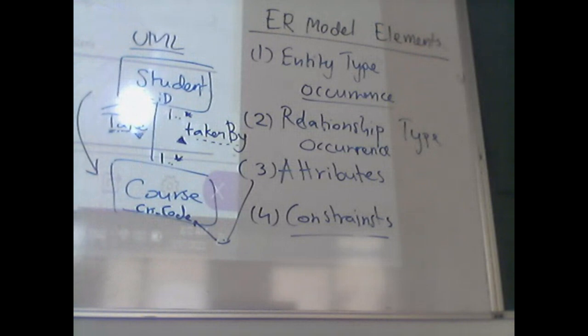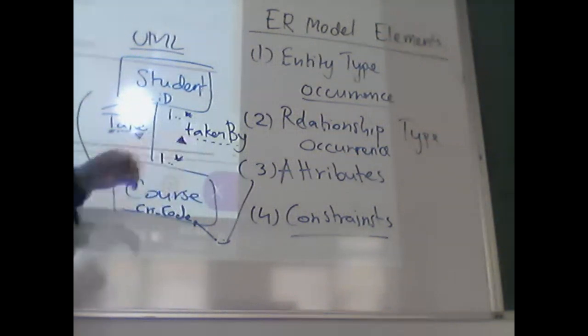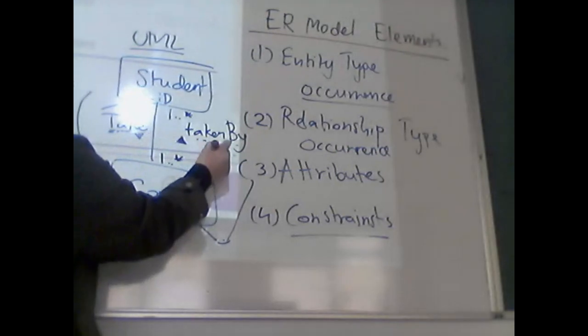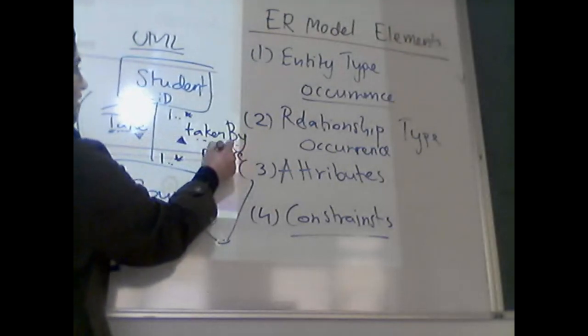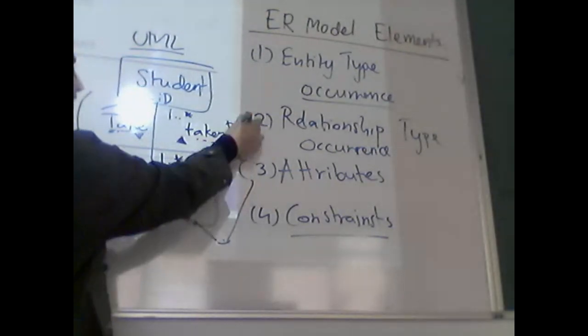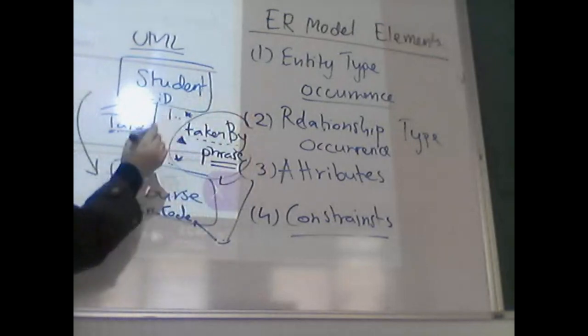How we decide the name of the relationship depends on the type of the relationship between these entity types. So take, and it must follow one direction only. Can we say course take student? It's not possible. We can say it this way. This is a phrase, and it's correct.